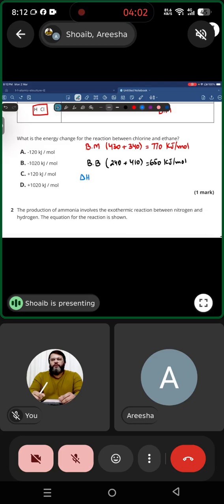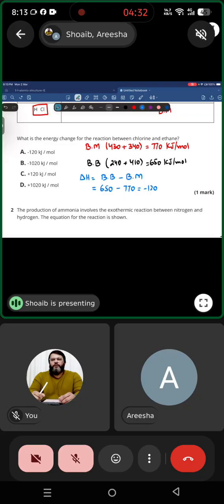Delta H is equal to the energy needed to break the bonds, means the bond breaking, subtracted by the bond making. So the bond breaking is 650 here, subtracted by the bond making, that is 770. So the answer is minus 120.